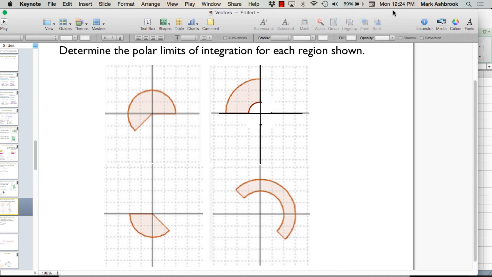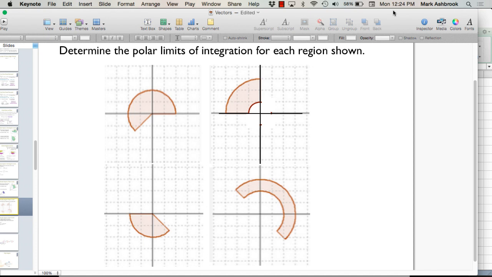Do you see the dotted lines? Good. The dotted lines are just integer values, so every dotted line is just an integer. All the important angles are multiples of pi over 4. In future examples you could have any angle, but I haven't given you any numbers here, so everything's in terms of pi over 4.